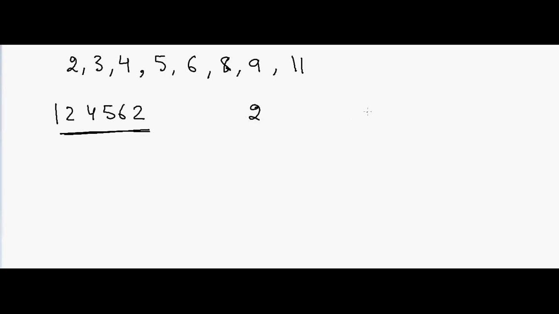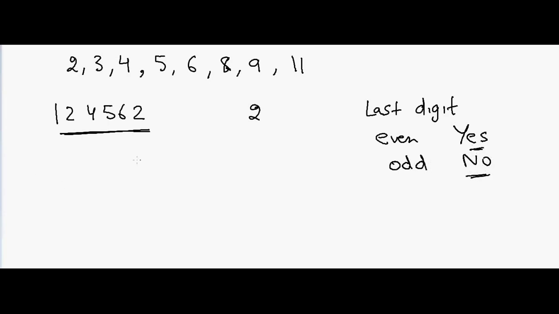We have to look at the last digit, and if it's even then yes, and if it's odd then we'll say no. So here we can see that the last digit is 2, so it should be divisible by 2 because it's an even number in the end.